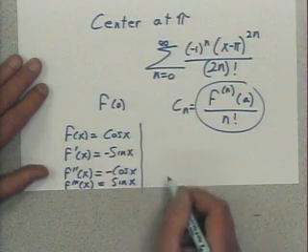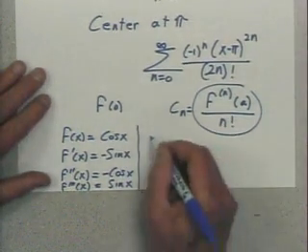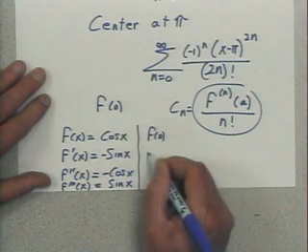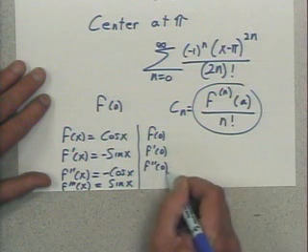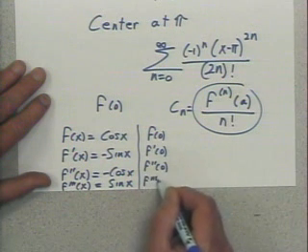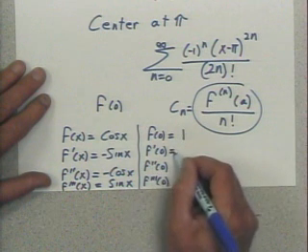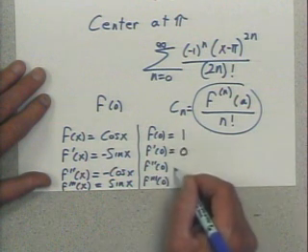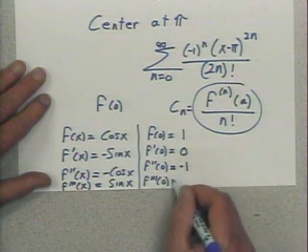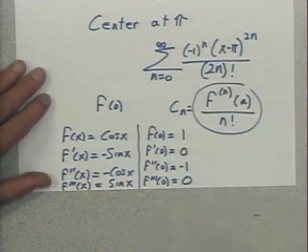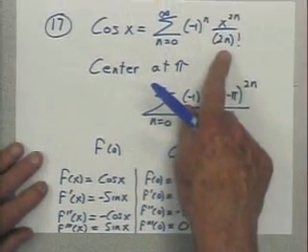Okay, now to get the Maclaurin series that you see in the book, they're doing f of 0 every time, f prime of 0, f double prime of 0, f triple prime of 0. Well, this is 1, this is 0, this is -1, and this is 0 again. And thus, they came up with this at the top of the screen, okay?